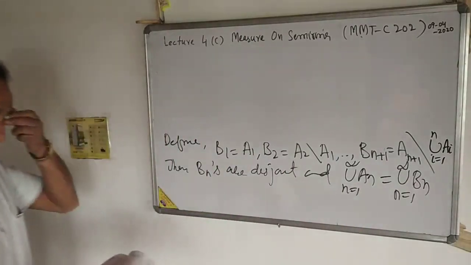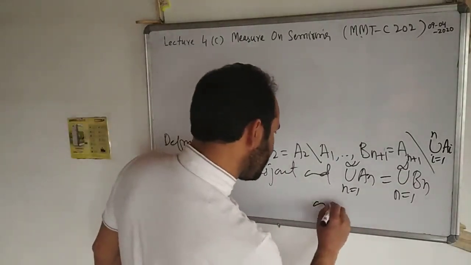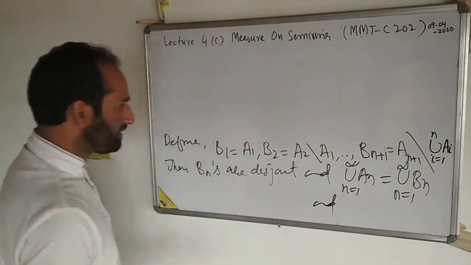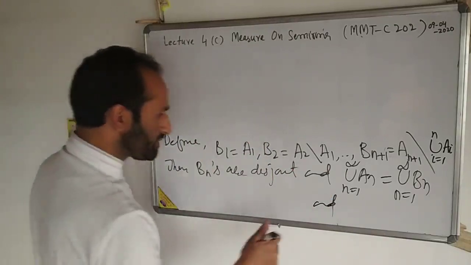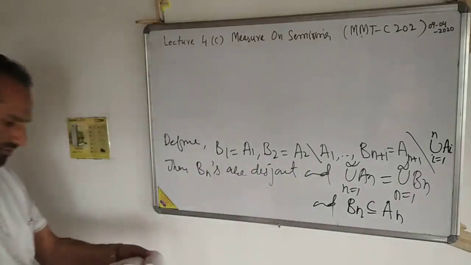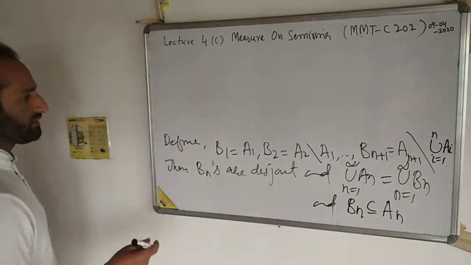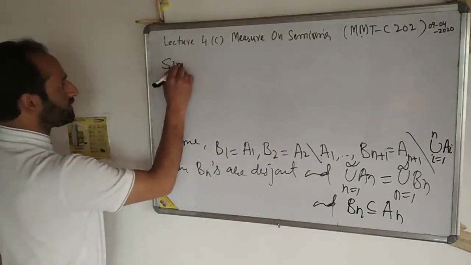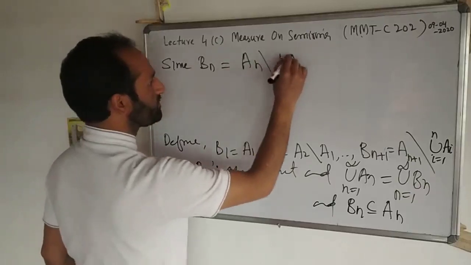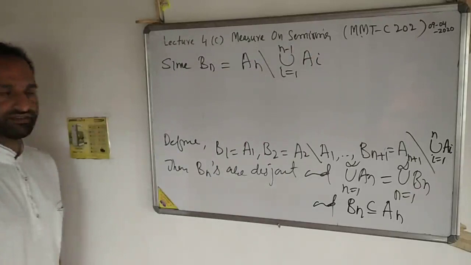And one more thing is that An is bigger than Bn, so Bn is a subset of An. Now again, Bn is equal to An minus the union of Ai, i runs from 1 to n minus 1, by our construction.